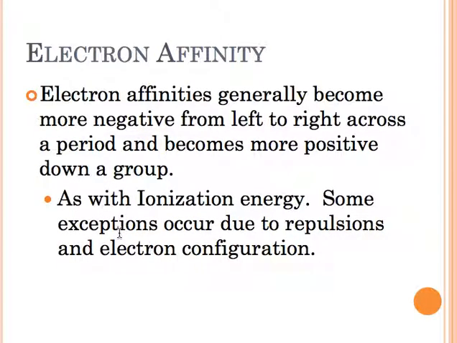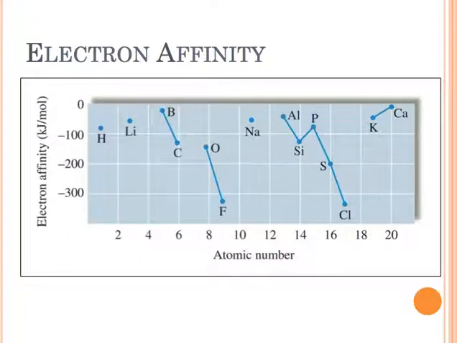Okay? As with ionization energy, of course, we have some exceptions here and there that occur due to different repulsions in the electron configuration, but generally speaking, we have this pattern that's followed. So again, if you look at this graph, it's a little bit harder to read because we're talking about negative numbers here.